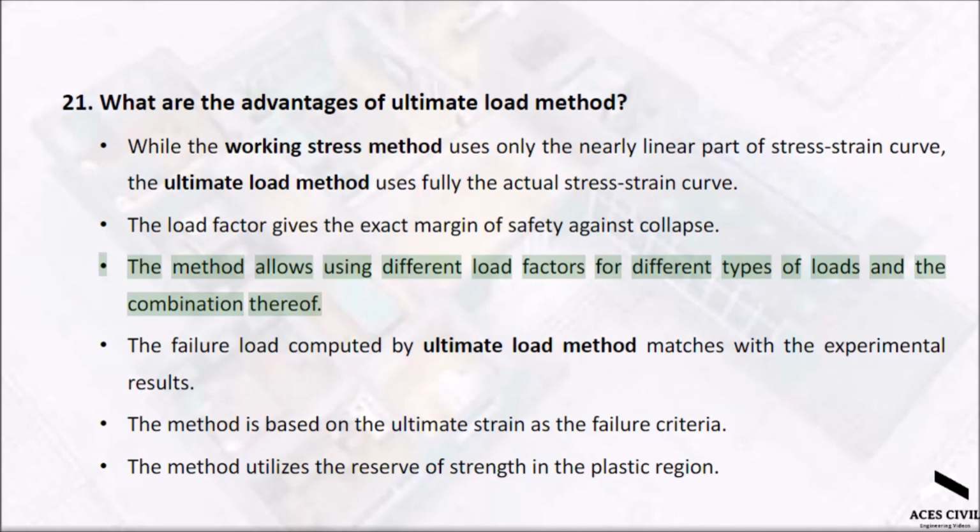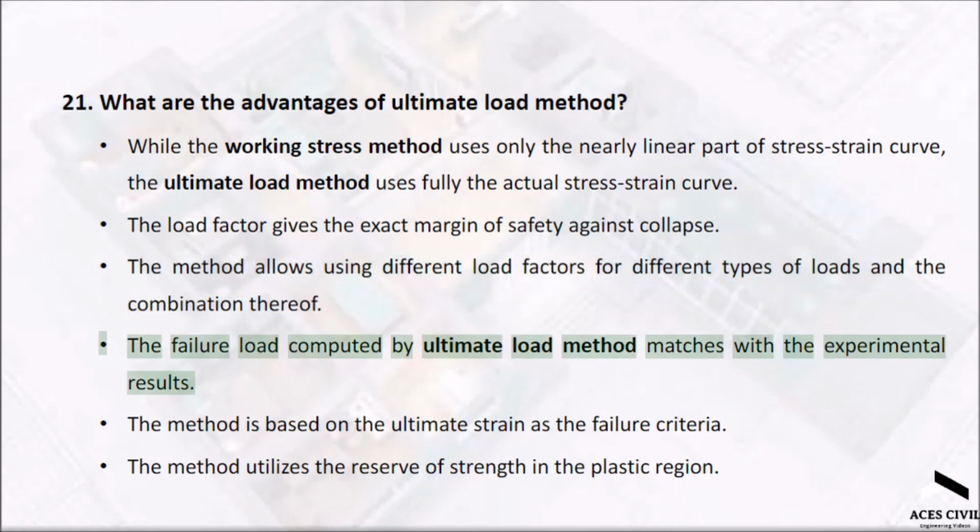The method allows using different load factors for different types of loads and the combination thereof. The failure load computed by ultimate load method matches with the experimental results. The method is based on the ultimate strain as the failure criteria. The method utilizes the reserve of strength in the plastic region.